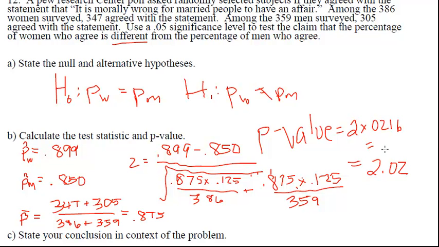And an easier way to do that is just look it up as if it's negative when you have a two-sided test. So the p-value is 0.0432. Okay, you can do this on your calculator using the 2-prop z-test.